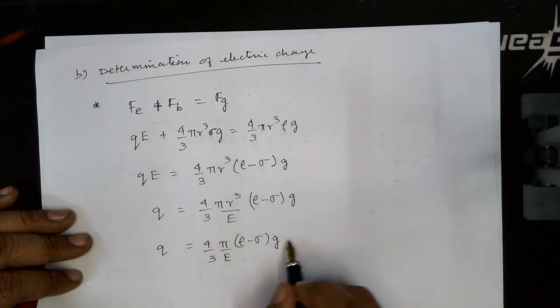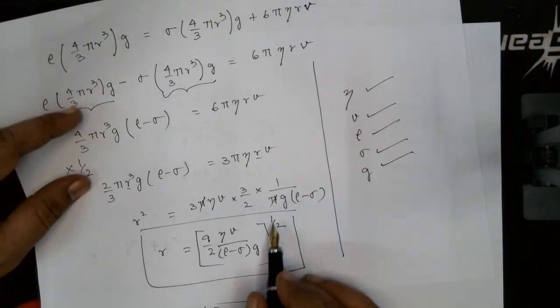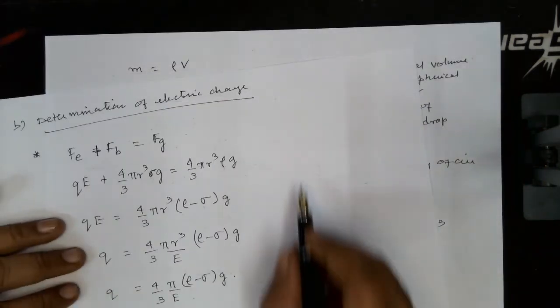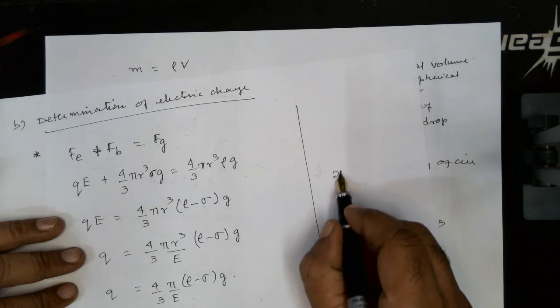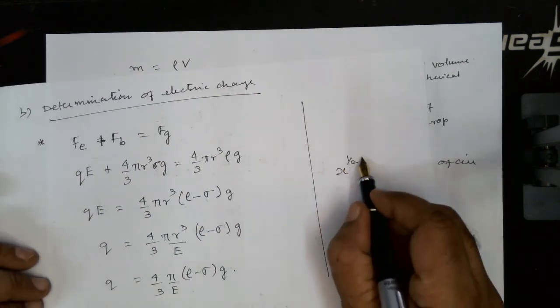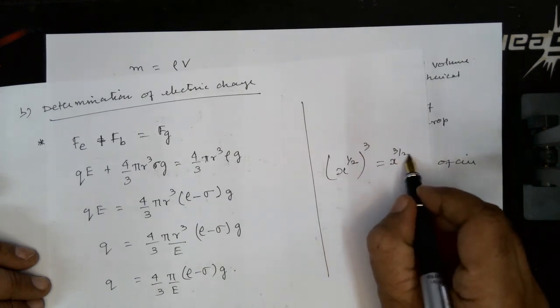Now we can replace this r cube by this one. So r cube means 3 by 2 in this case, because we know x power 1 by 2 whole cube means x power 3 by 2, correct?